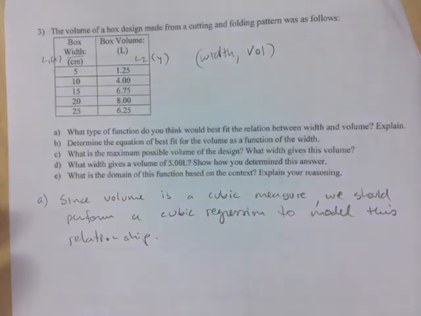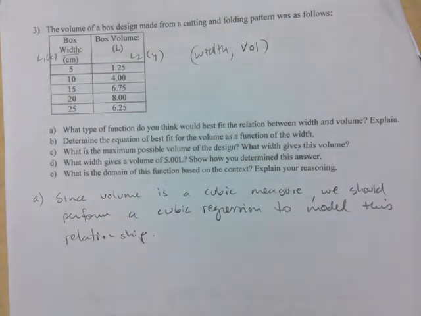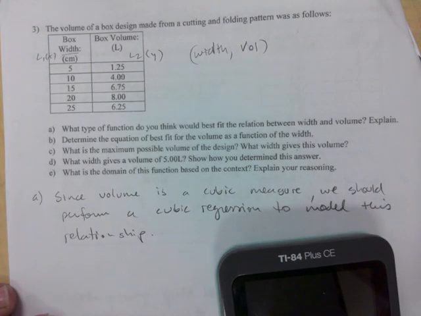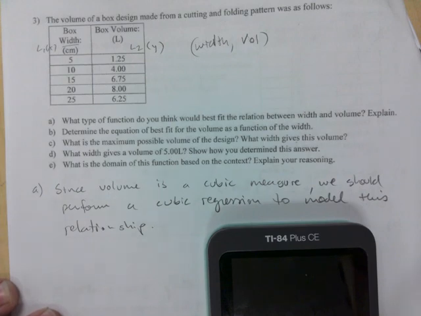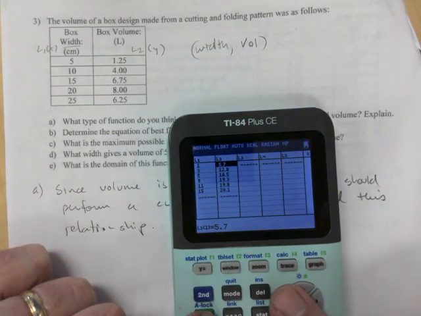Okay. You could also make a case that if you plot those in, the scatter plot shows a cubic relation, right? It has the shape of a cubic. So we're going to go ahead and do this.